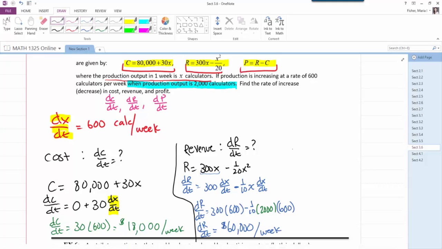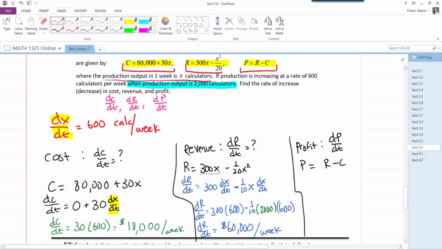Finally, we're asked to find the rate of change in our profit, and that is dp/dt. Well, our profit function is given as p equals r minus c. So the derivative of p, dp/dt, is going to equal the derivative of r, which is dr/dt, minus the derivative of c, which is dc/dt.